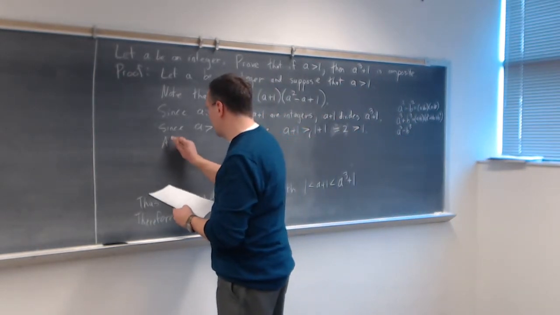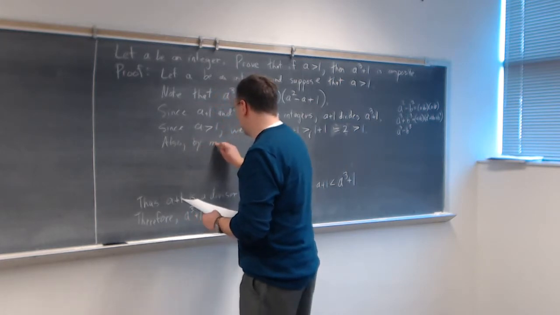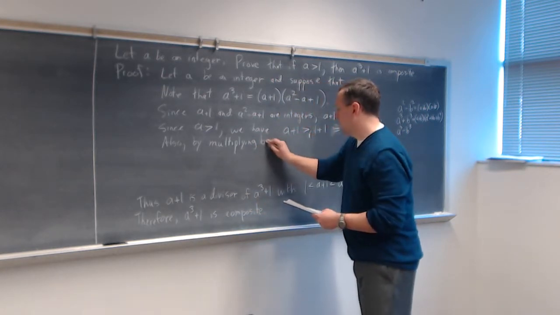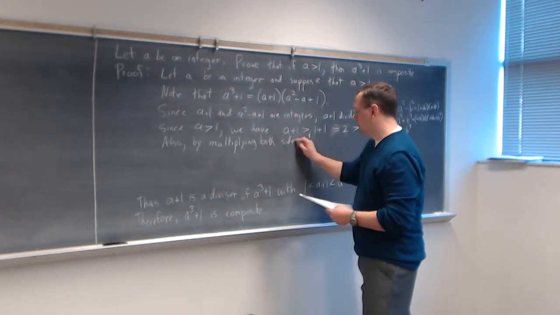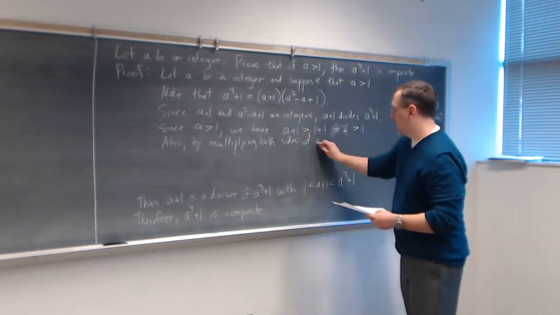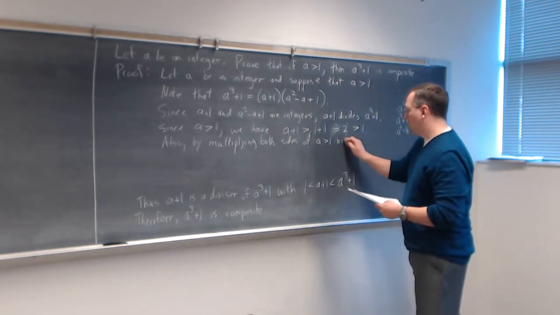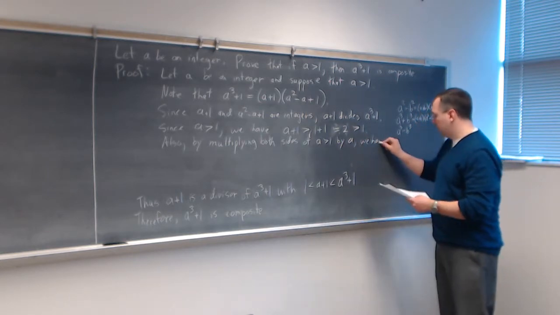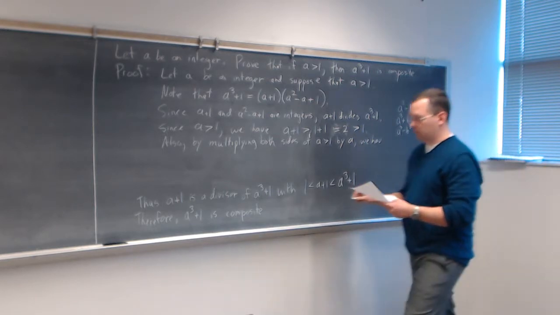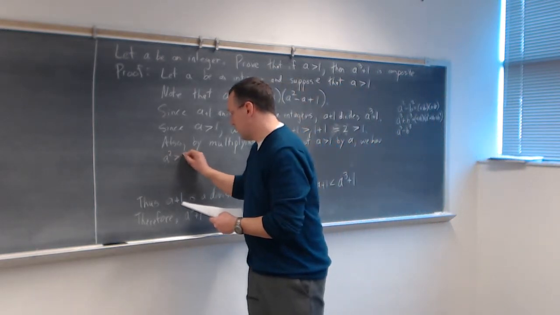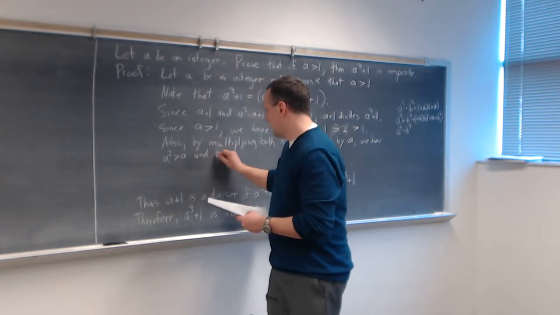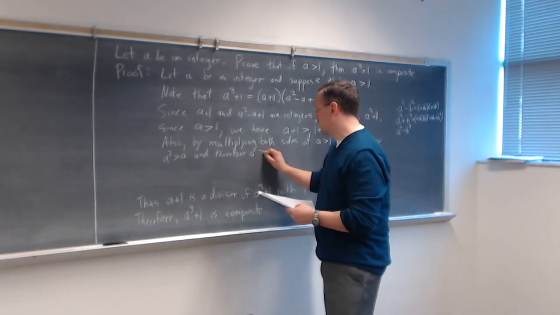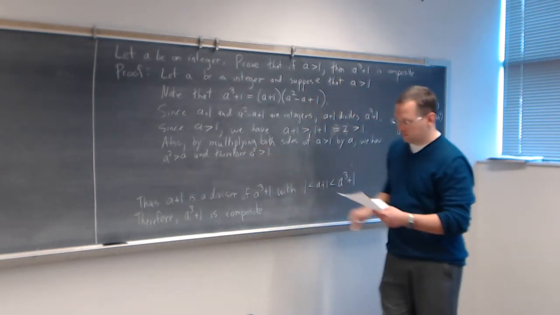So then the line goes: also, by multiplying both sides of a greater than 1 by a, we have a squared is greater than a, and therefore a squared is greater than 1, because a is greater than 1.